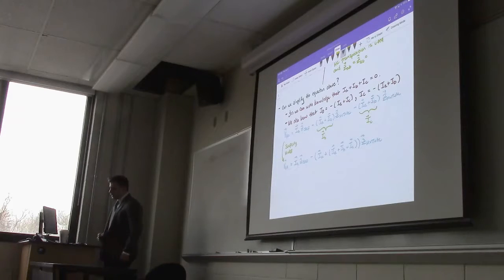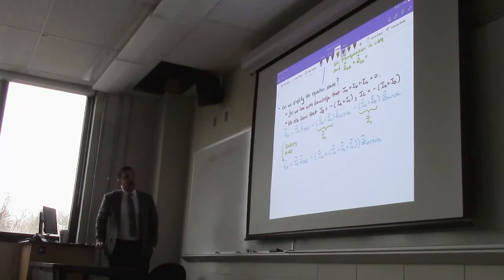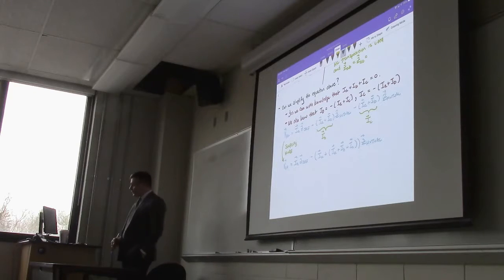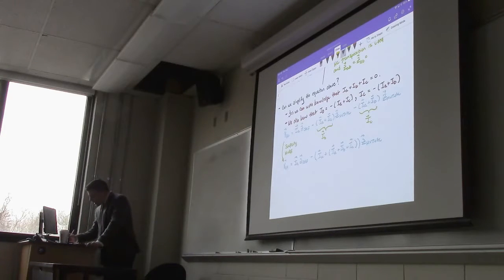Does everyone see why that's the case? We take the IA and the IC from the second term, we take the IA and the IB from the third term, we put those all together inside of the parentheses. And now we know that this is equal to 0.